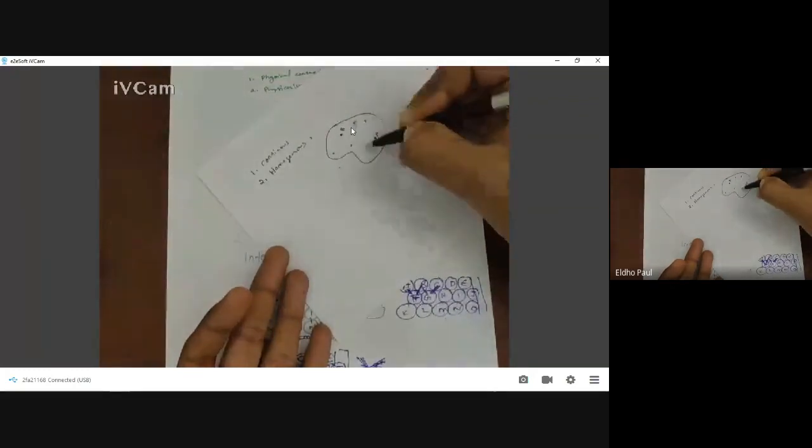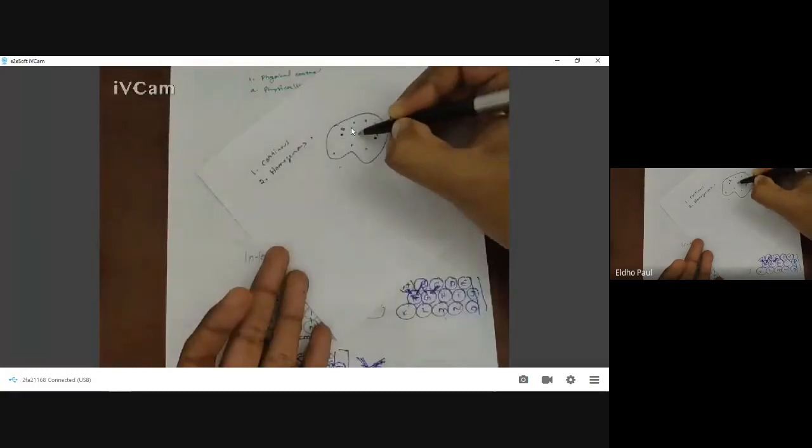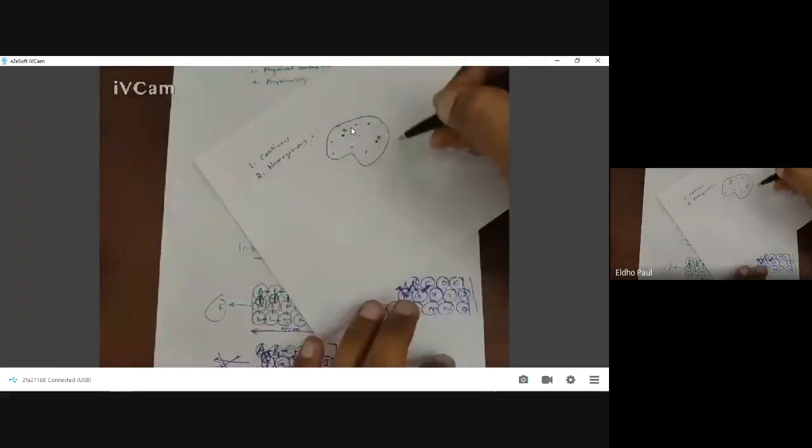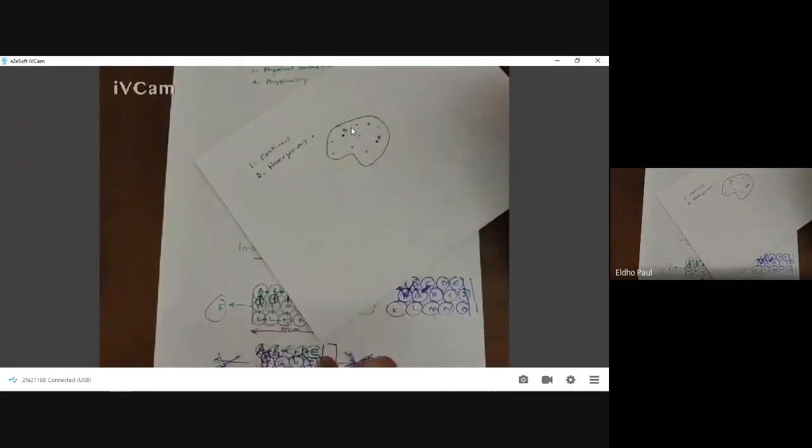Then we can say this is a homogeneous material. Every point of this body, every mechanical, thermal, chemical property will be same.